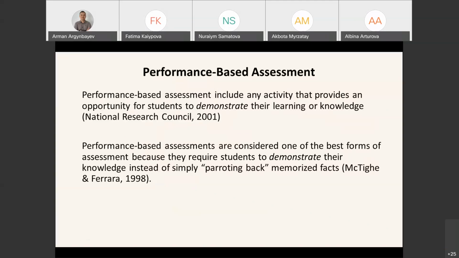And below are some examples. Actually, not examples, but the benefits. They're considered one of the best forms of assessment because they require students to demonstrate their knowledge instead of simply parroting back memorized facts.